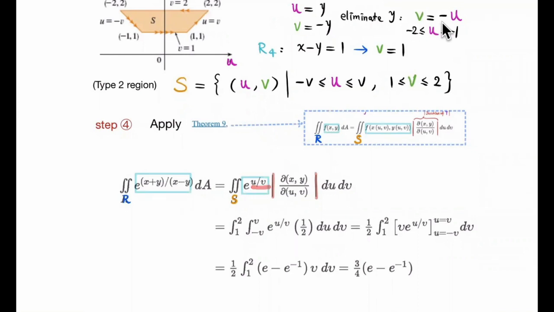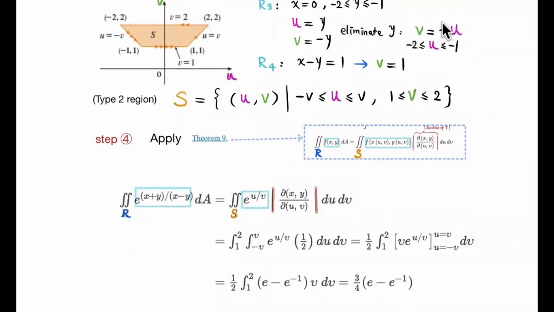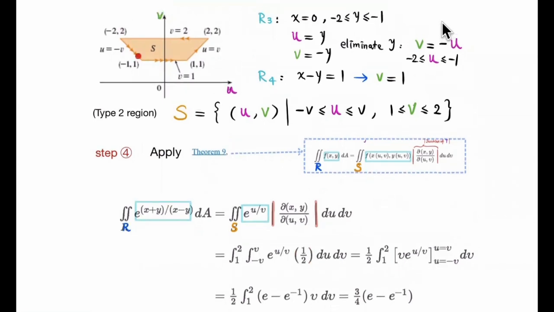So this is u, this is v, so this is u over v. The Jacobian of this we calculated already. It is 1/2. The absolute value of that is also 1/2. And then integrating over this type I region.